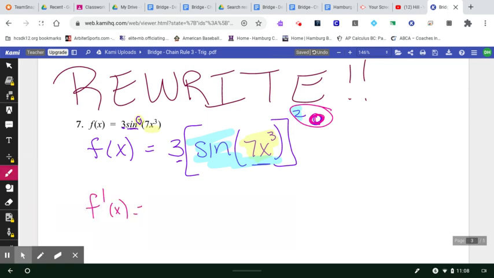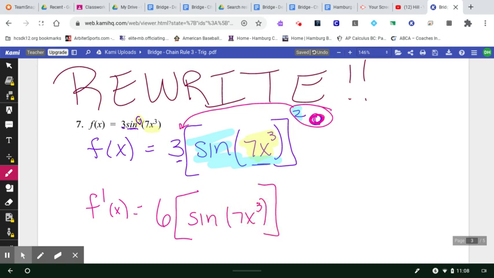Of course, I'm going to take this 2 and bring it down. So let's multiply that in our head. 6. So I took the derivative of the outside, keep the inside. You cannot touch the inside. So it's the sine of 7x cubed. And now this 2 becomes a 1. Okay. Now you go to the inside of that main function.